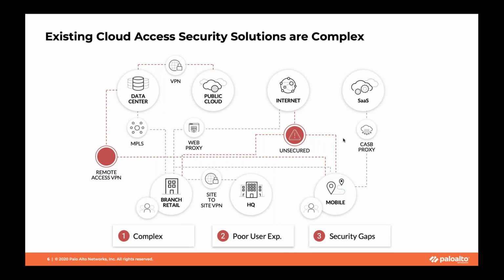This is not only complex, but users often have a poor user experience because, with MPLS backhauling, you can imagine that latency is often not ideal. And also this introduces security gaps because MPLS itself is not providing security, it's only providing connectivity.